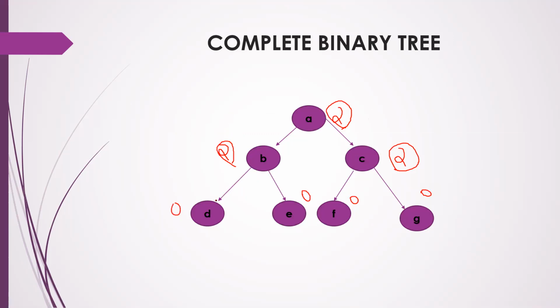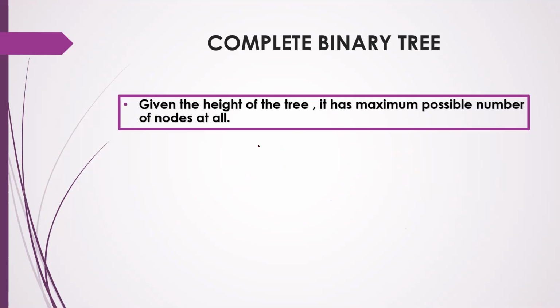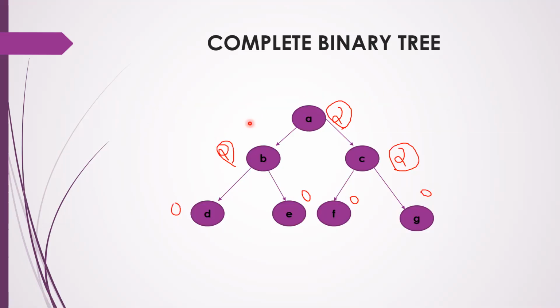If you take the height of the tree as 2, you have all the nodes at all the levels: the root level, the first level, and the second level are all filled. That's what's given in the statement: given the height of the tree, it has the maximum number of nodes at all levels.